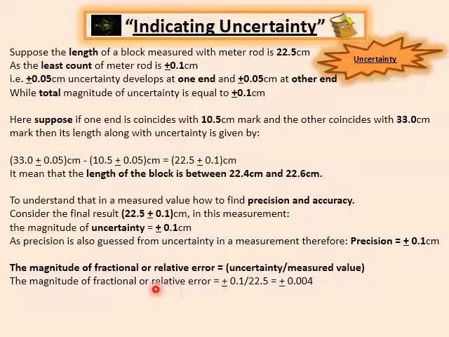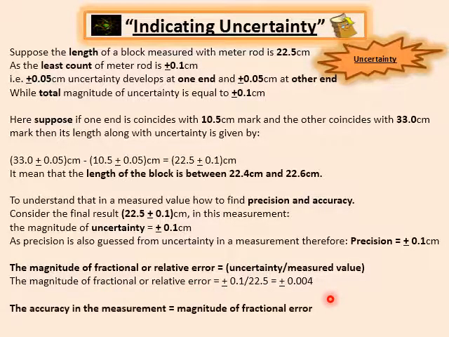Now here we are going to find it. The magnitude of the fractional or relative error is equal to plus minus 0.1. Here we have the uncertainty 0.1, and we have the measured value 22.5. So plus minus 0.1 divided by 22.5. After solving this, we have the result plus minus 0.004. This is our magnitude of the fractional or relative error.